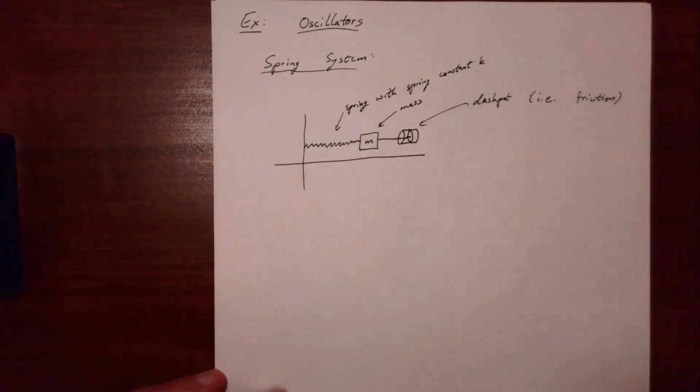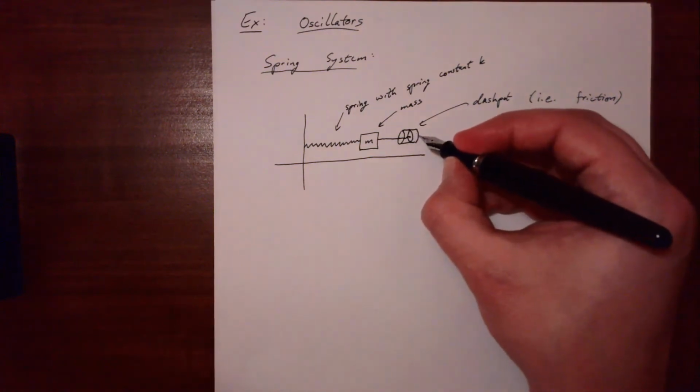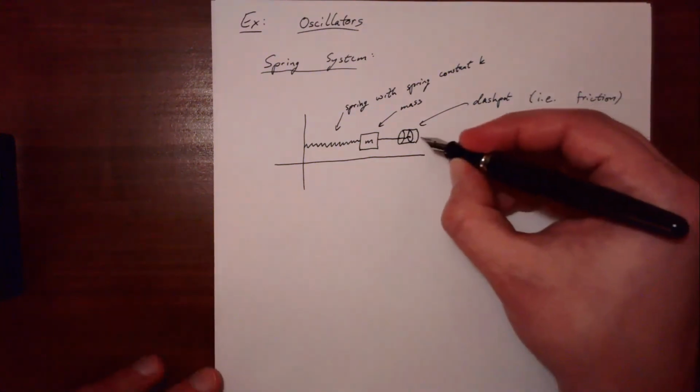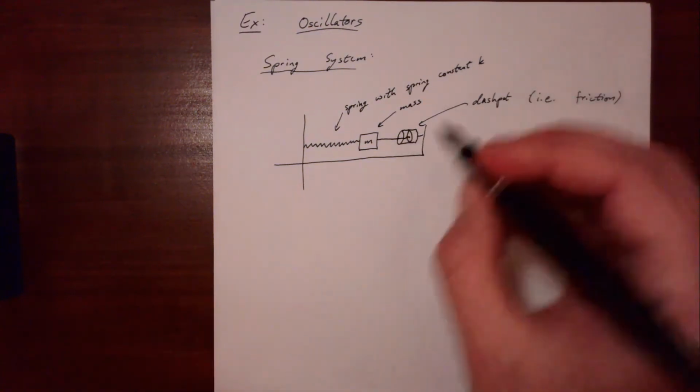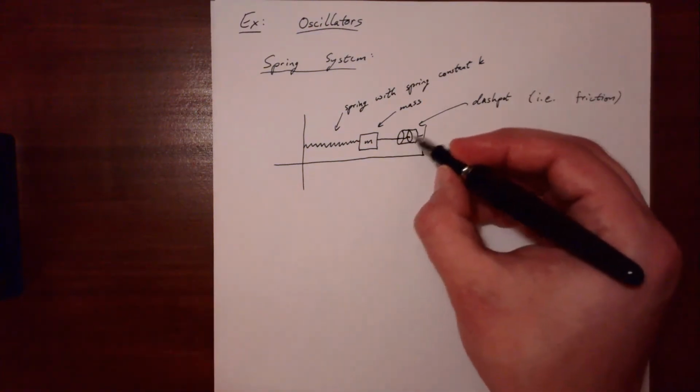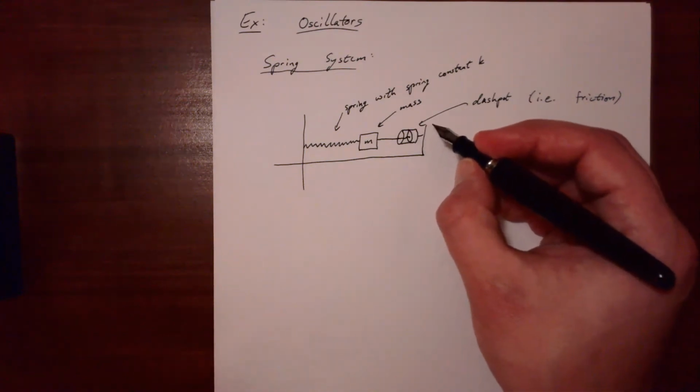So we're just basically going to personalize the friction in this little device here, and say that right there some of the energy is getting lost into this little dashpot.